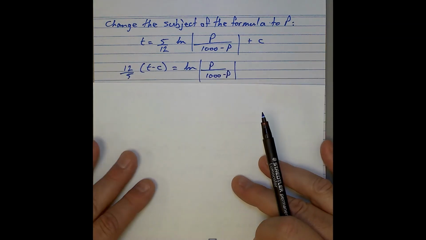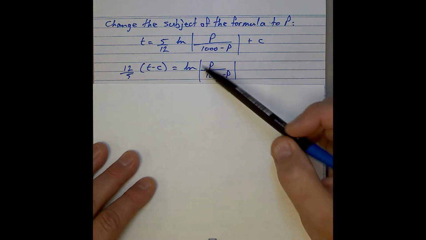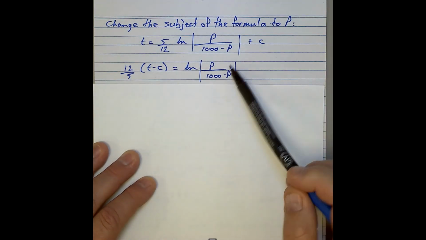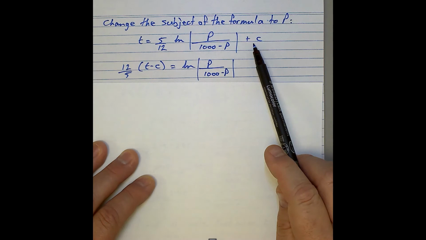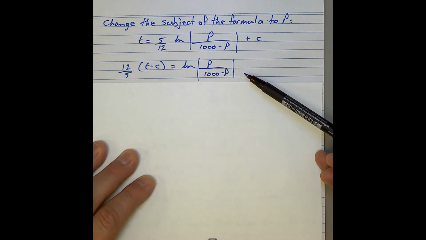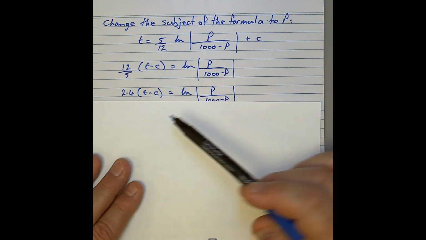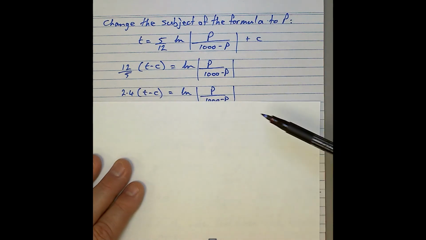I'm just going to multiply both sides by 12, divide by 5. I've subtracted C from both sides, just to get this expression here. I know that that's just 2.4.